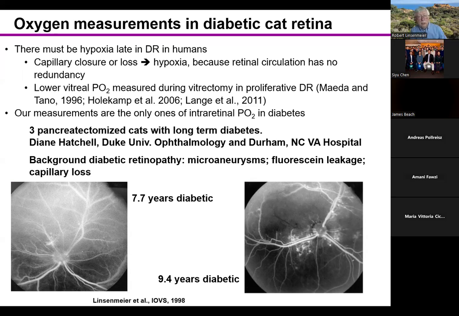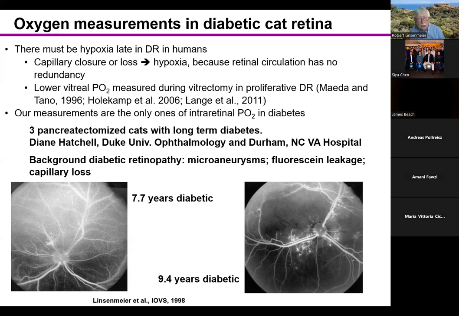We had an opportunity to record oxygen levels in 3 pancreatectomized cats that had long-term diabetes. You have to pancreatectomize them. The drugs that destroy beta cells in the pancreas don't actually work in cats, so you have to take out the whole pancreas, which makes these cats very difficult to manage.